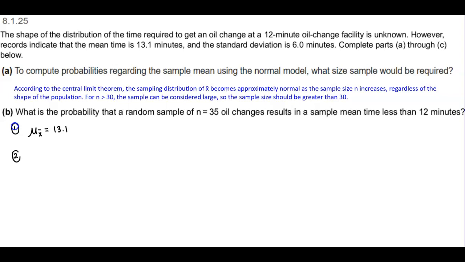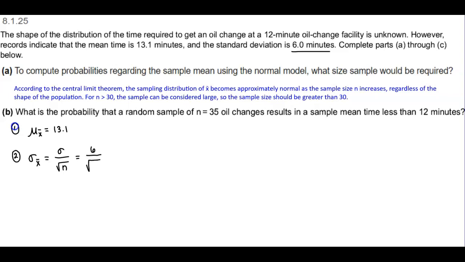Okay, and so now what we need to do is find the standard deviation of the sample mean. And the formula for that is the population standard deviation divided by the square root of the sample size. So if we take a look up here, we can see that the population standard deviation is 6, and we want to divide that by the square root of n, where n is the sample size.